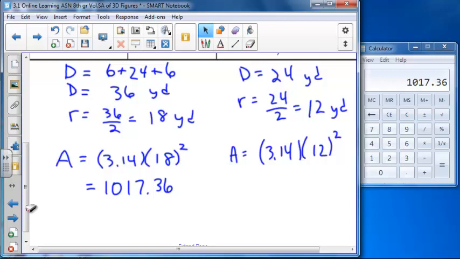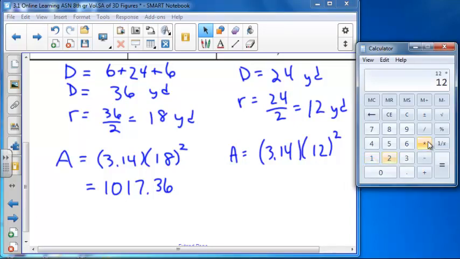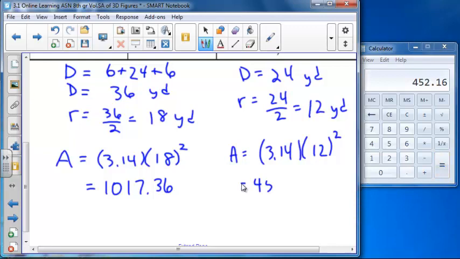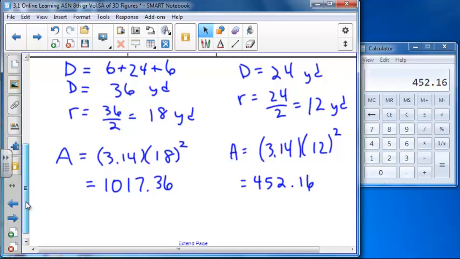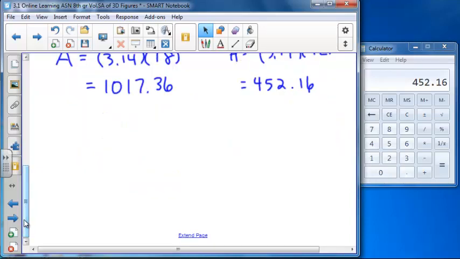Remember, we'll need to square 12 first by the order of operations using PEMDAS. 12 times 12 is 144 times the approximation of pi, 3.14. The area of the smaller circle is 452.16.